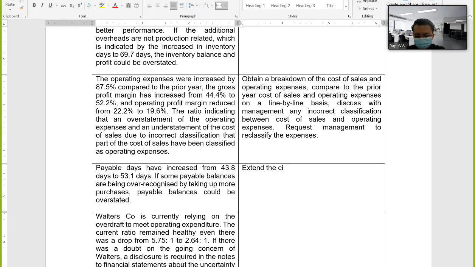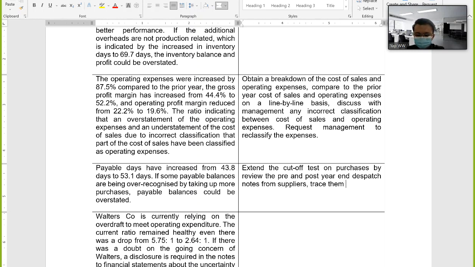Extend the cut-off test. Extend the cut-off test on purchases by reviewing the pre and post year-end dispatch notes from suppliers.